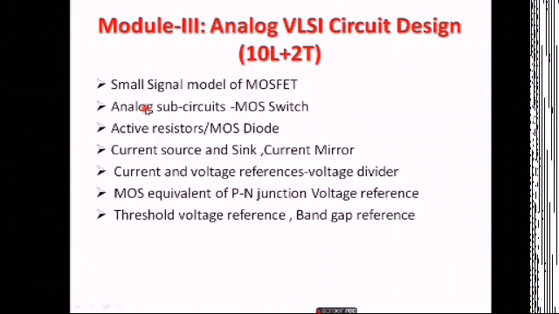That is also very important. Next is active resistors, MOS diodes, current source and sink, current mirror, current and voltage references, voltage divider, MOS equivalent of PN junction voltage reference, threshold voltage reference, band gap reference.